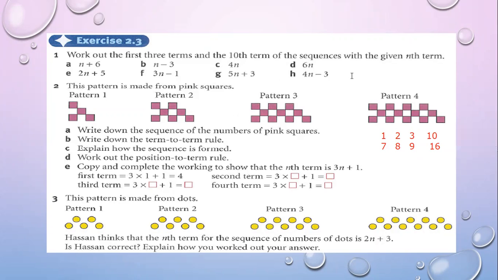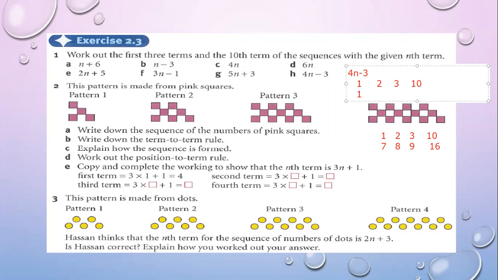Now, only solve part h as well. Okay, so here he gives us 4n minus 3. So what do I do here first? First of all, we write the same sequence: 1, then 2, then 3, then 10th. Okay. Now, next step is 4 multiplied by 1, 4 minus 3, 1. So the answer is 1.